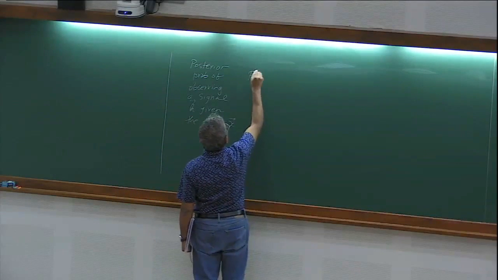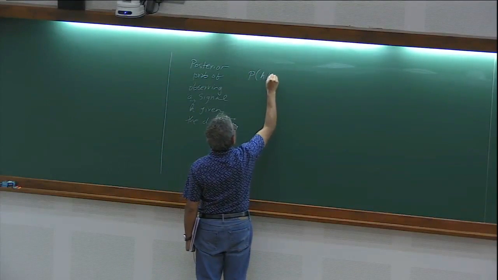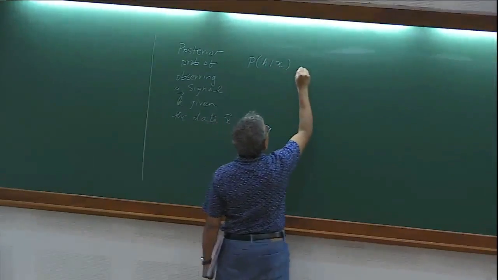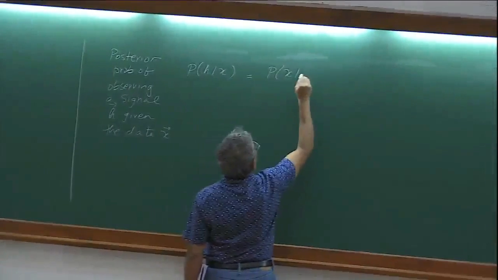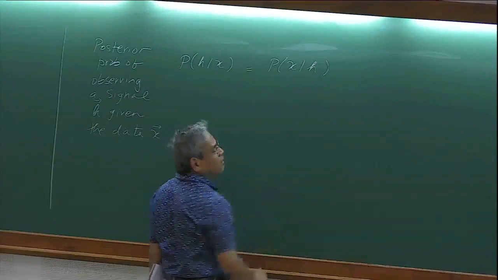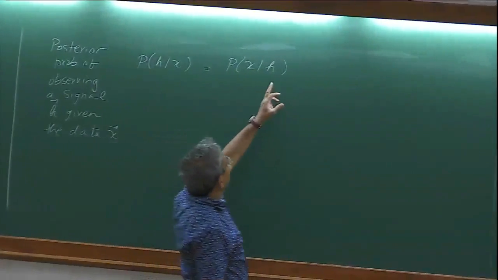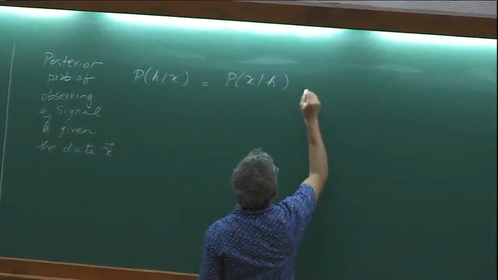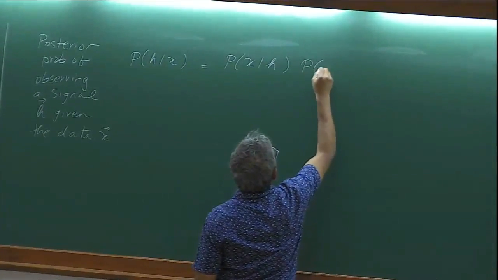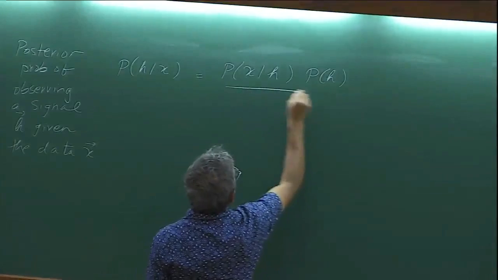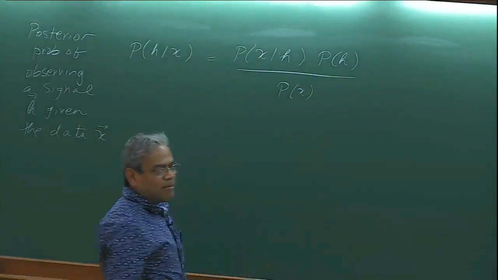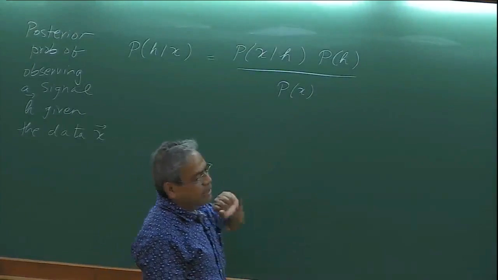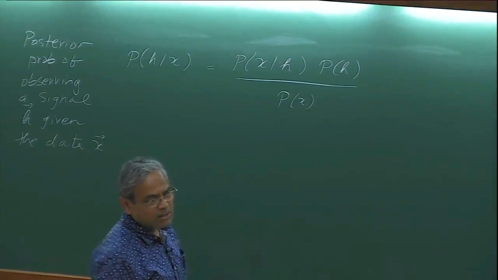So P of h given x, this is the posterior probability, was related to the likelihood of getting that data when the signal is present, multiplied by the prior probability of the signal itself, divided by a quantity that we call evidence, which is the probability of getting the data itself in the first place.